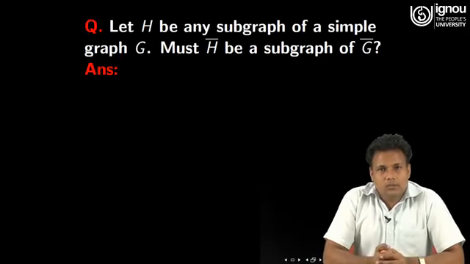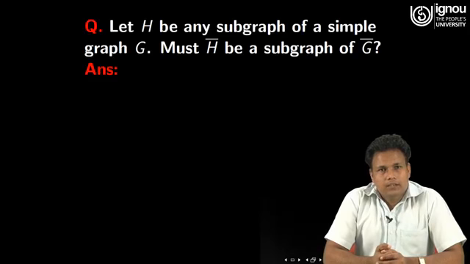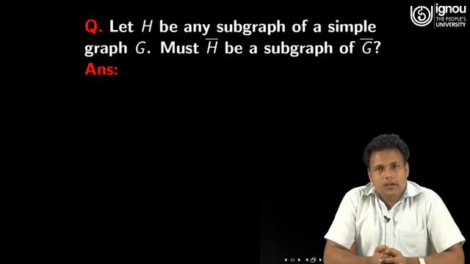Now let us look at some questions. Let H be any subgraph of a simple graph G. We have to see whether H bar is a subgraph of G bar or not.